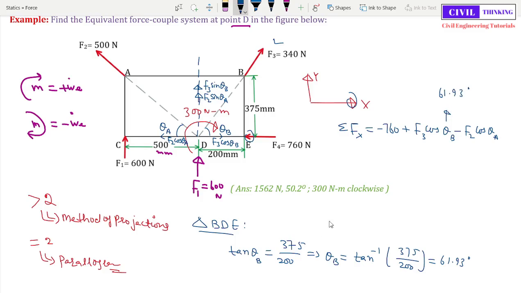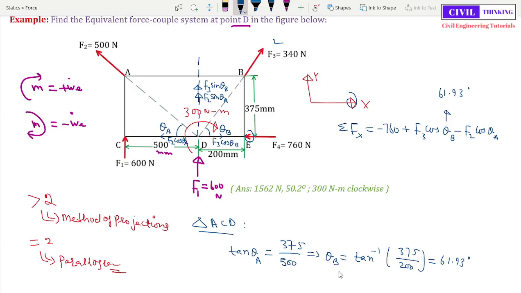Similarly we'll find theta a from the triangle ACD, right? From triangle ACD we'll get theta a from here. Let us apply tan theta a here. It is equal to, perpendicular is AC, which is equal to BE, which is 375. Now the base of this triangle is CD, which is 500.